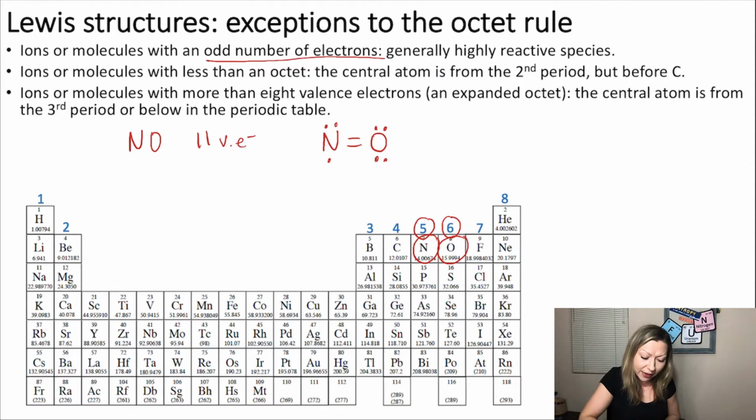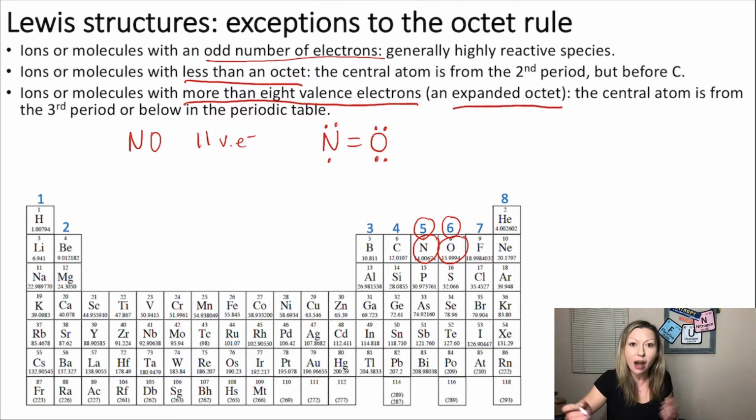So there are ions or molecules with less than an octet, and ions and molecules with more than 8 valence electrons, or expansion of the octet rule. Let's start with the less than an octet. In these cases, we are going to have the central atom from the second period, but before carbon. If we look at the periodic table, this is the first period.